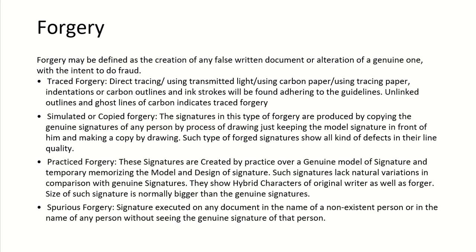Another type is spurious forgery, in which the signature of a non-existent person is done without seeing the genuine or the model signature of that person. So this type of forgery has all the characteristics of the handwriting of the forger.